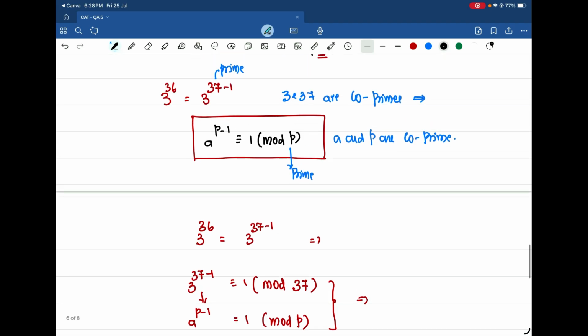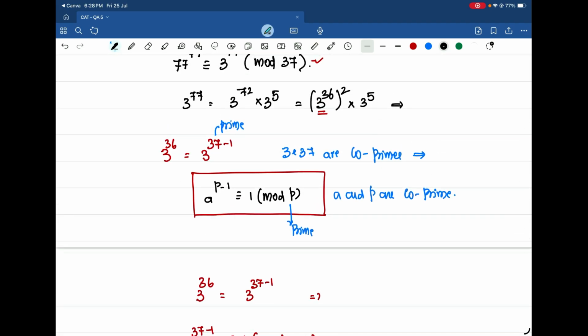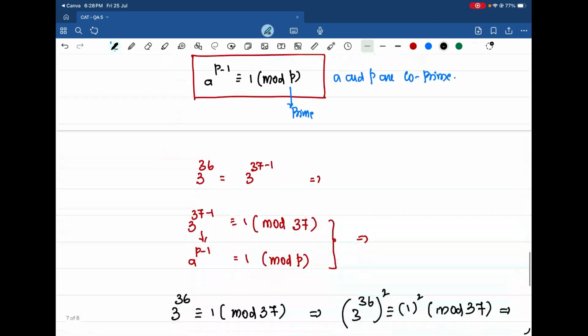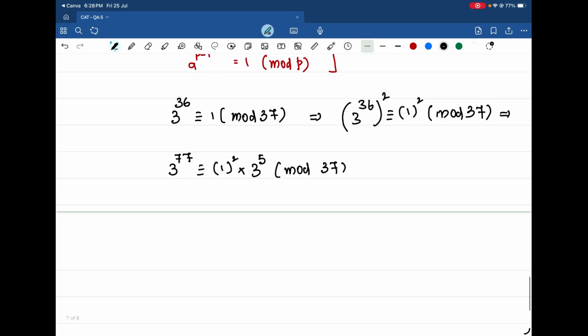In this equation, we have used this value 1 square mod 37. 1 square is 1. That implies 3 to the power of 77 is equivalent to 3 to the power of 5 mod 37.